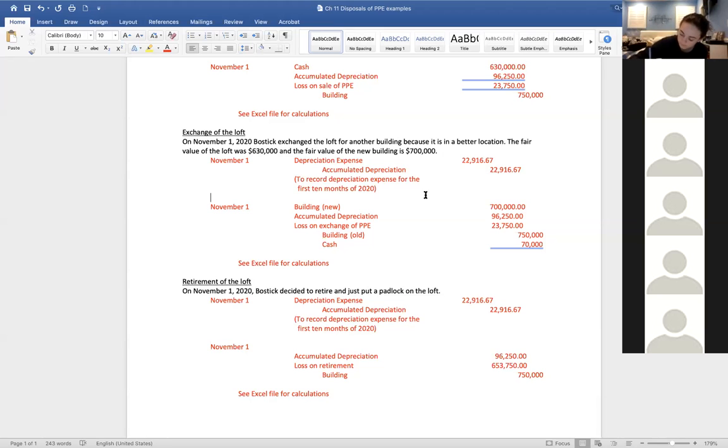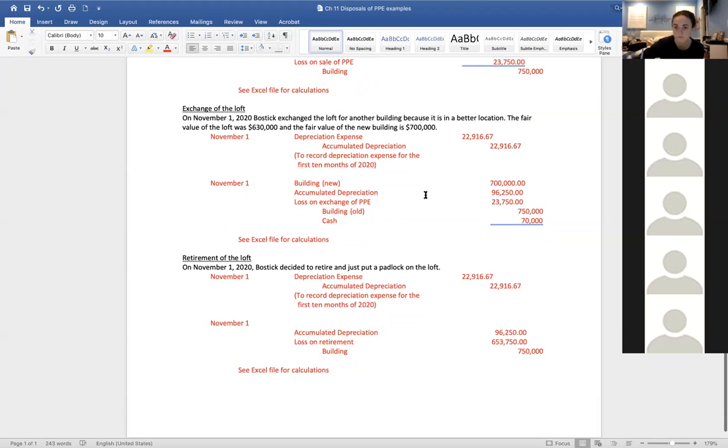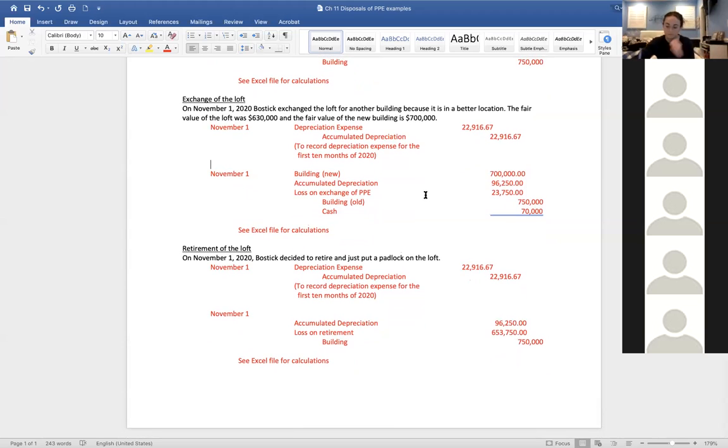We will finish the rules on exchanges after we talk about this retirement. Retirement means that I just put it in the junk pile, gave up on it, threw it away. So Bostic decided to retire and just padlock up the loft, just abandon it.